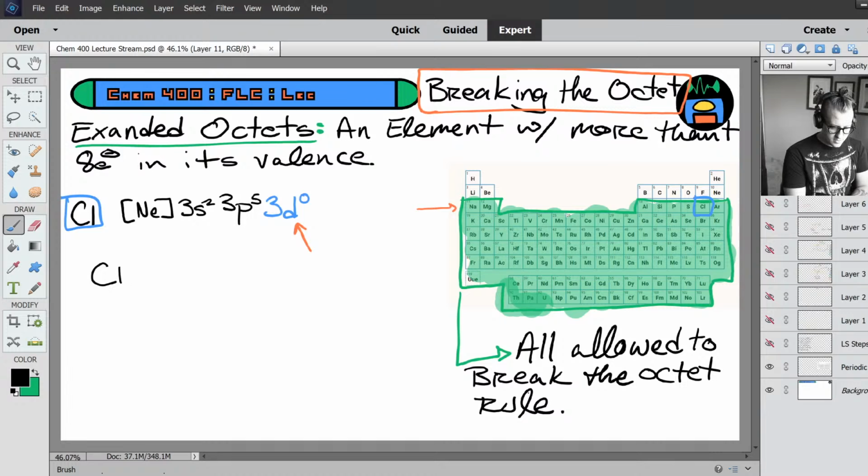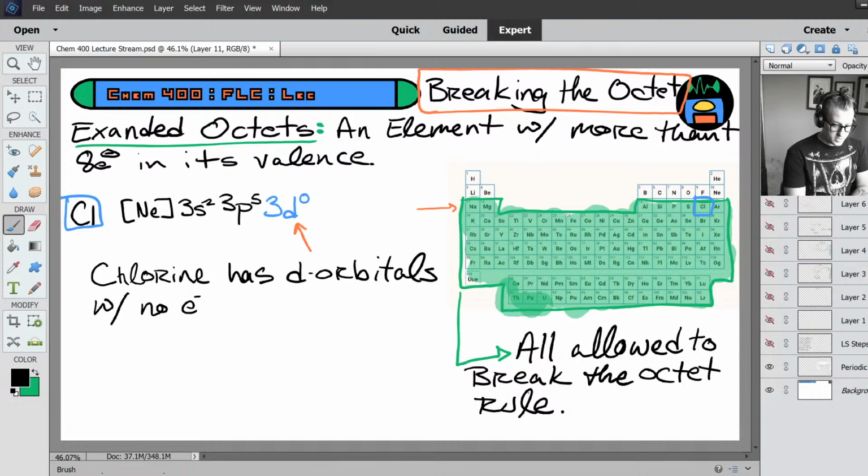Chlorine has d orbitals with no electrons in them.